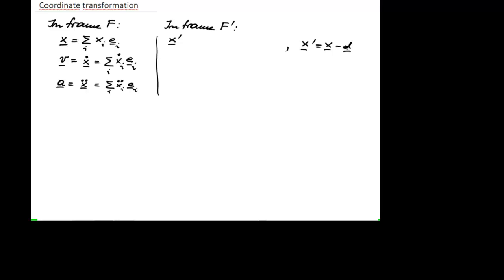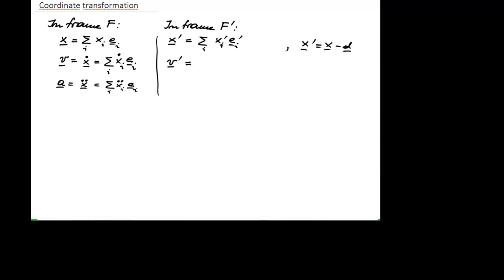Also, my colleague will describe this position vector x prime in his or her rotated coordinate system. My colleague has basis vectors ei prime, and in this basis, this position vector has components xi primed.